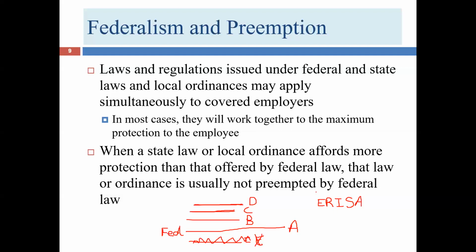Federal law says, listen, we're the only game in town. We're going to tell you how to do this stuff. And states just need to stay out of this area. They can't provide more benefits. They can't provide fewer benefits to employees. They need to just stay out of this area because we're the only governmental agency that's going to be able to dictate.